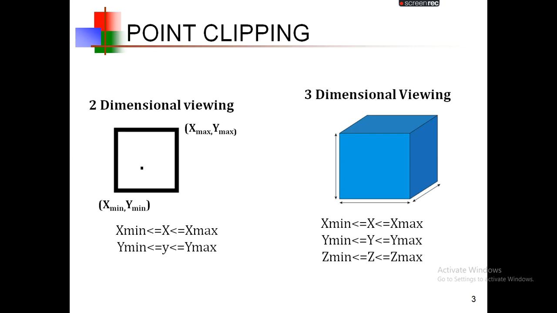If I want to implement clipping concepts in our OpenGL program, we have two types of windows. If we are using two-dimensional viewing, our clipping window can be rectangular or square in shape, because in two dimensions we have only the x coordinate and y coordinate.